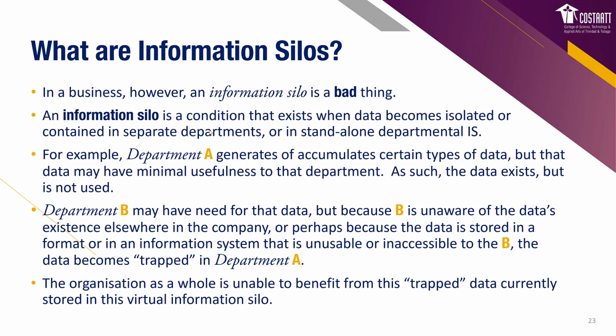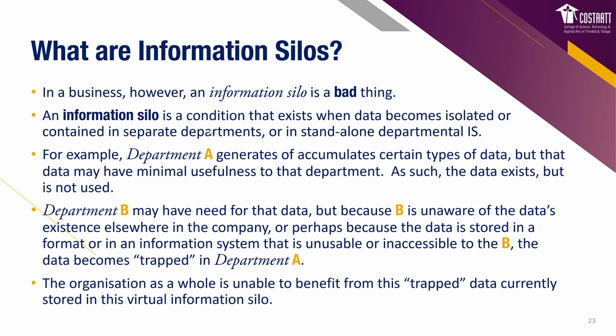So for example, Department A generates or accumulates certain types of data, but that data may have minimal usefulness to Department A. As such, the data exists, but it is not used.